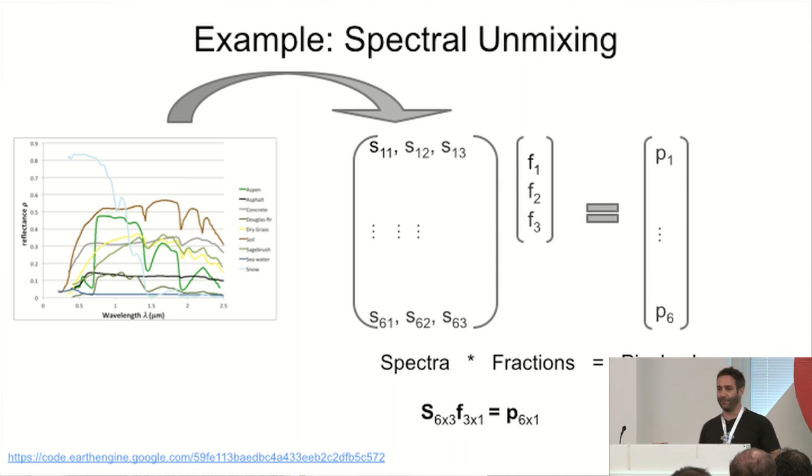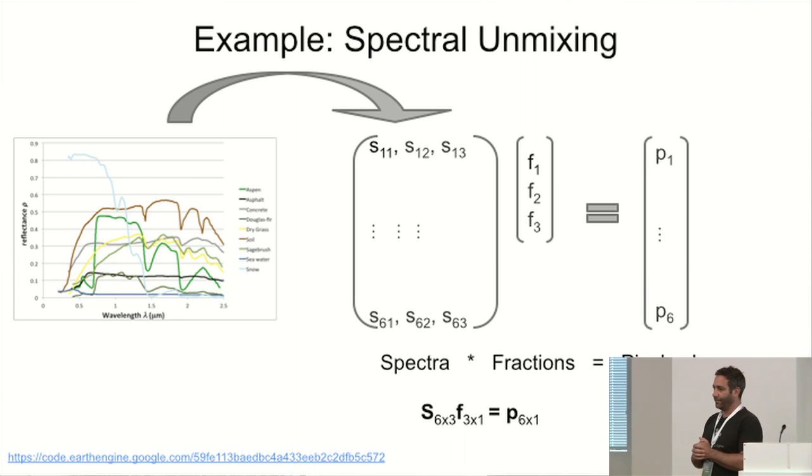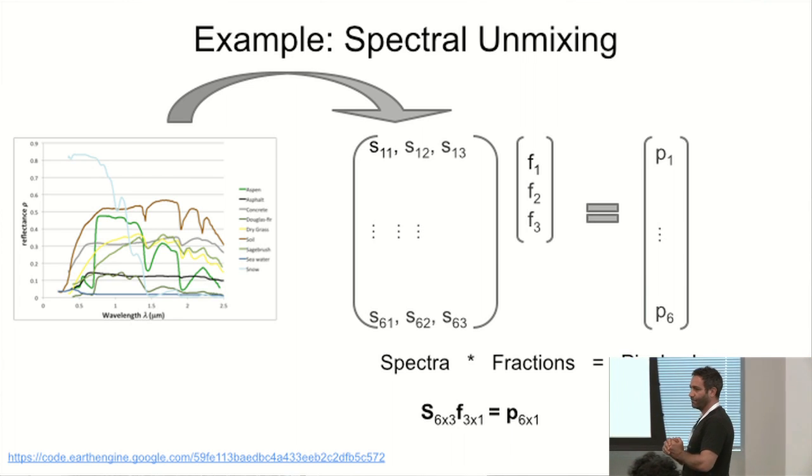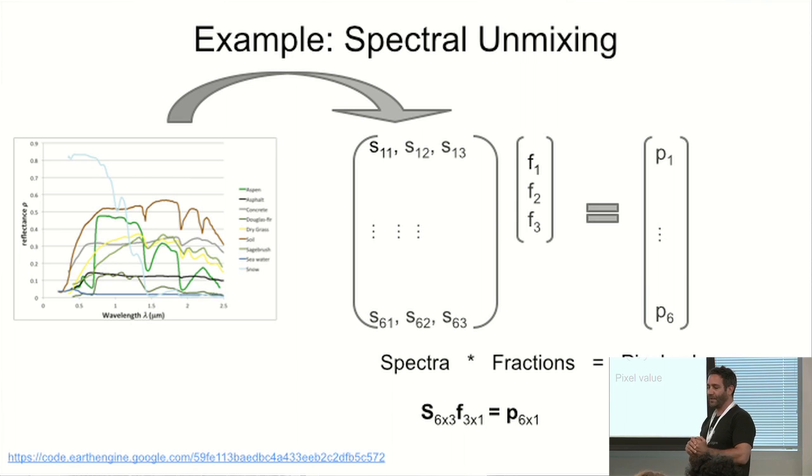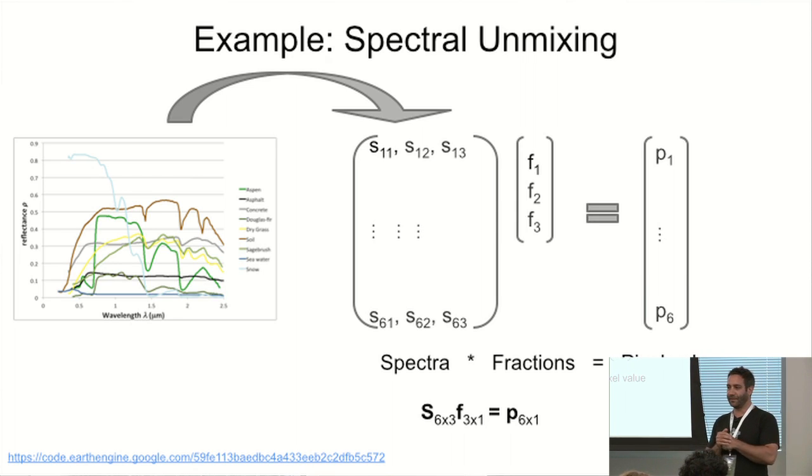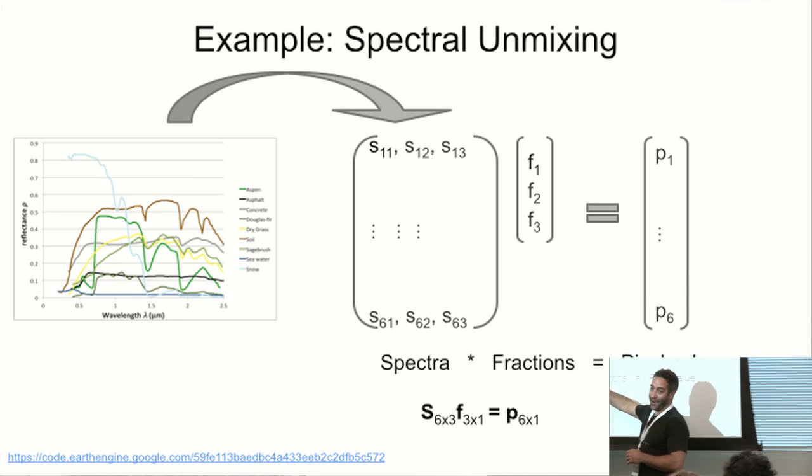Questions about this model before I move forward? Okay. Oh, sorry. Yes? This assumes, to solve that, that you know all the different types. Yeah, thank you. So the question is, how do you solve this thing? And what's known?